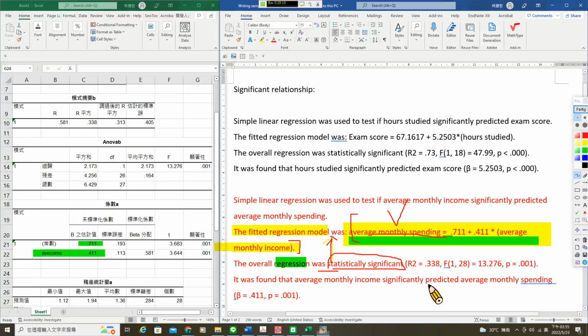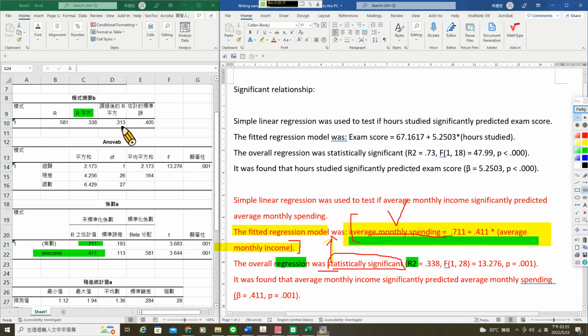Let us show this. So where are the numbers here? The one is R squared. Let me show you. R squared refers to this one. R 平方. What does this mean?